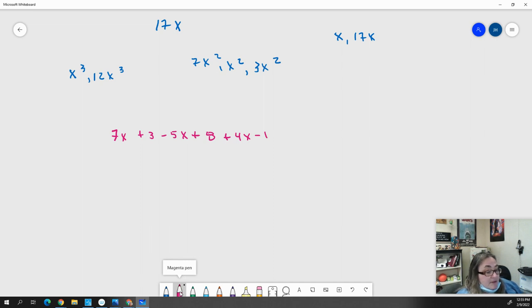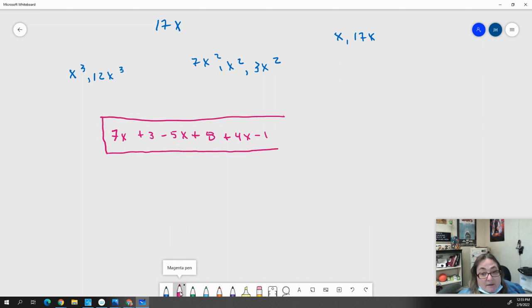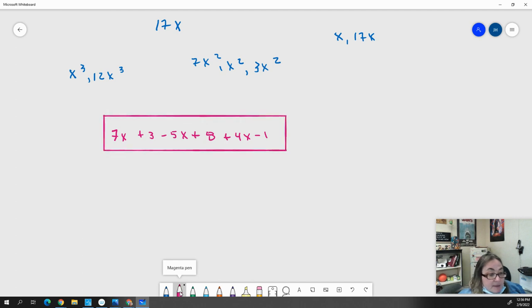If I take this whole thing and I want to talk about the different parts of it, first of all, we're going to have variable terms. Variable terms are anything that has a variable attached to it, an x, a y, a z, an a, a b, something that is substituting in for a number.